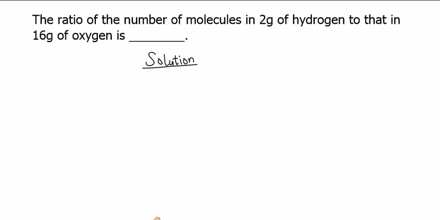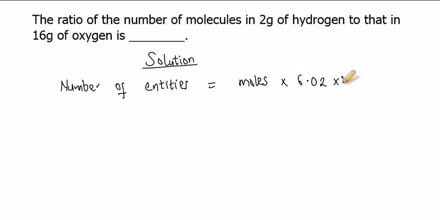And to do that, we'll be using the formula that states number of entities equals moles, that is the number of moles, multiplied by 6.02 times 10 raised to the power 23 entities, divided by 1 mole.